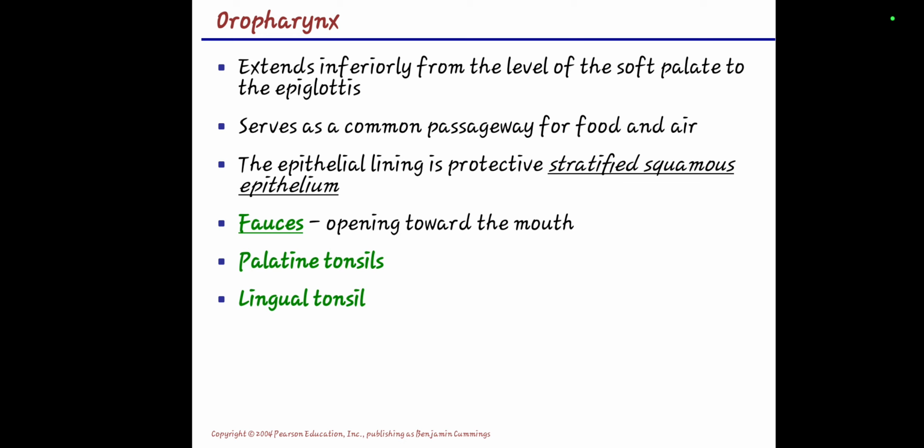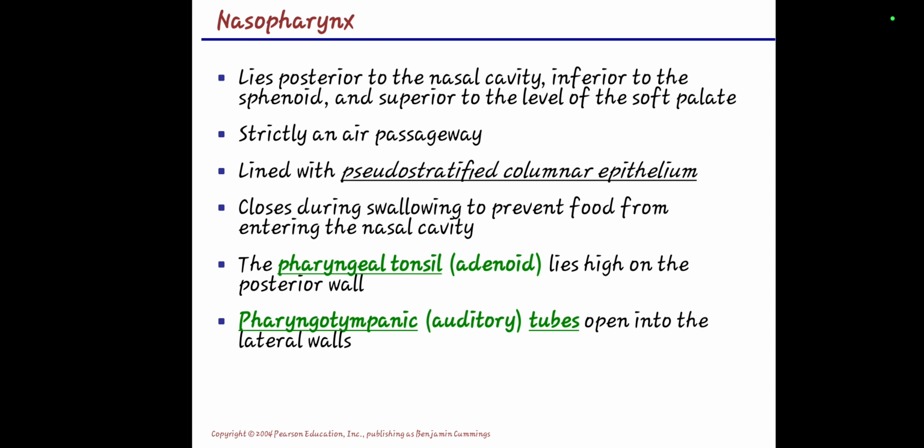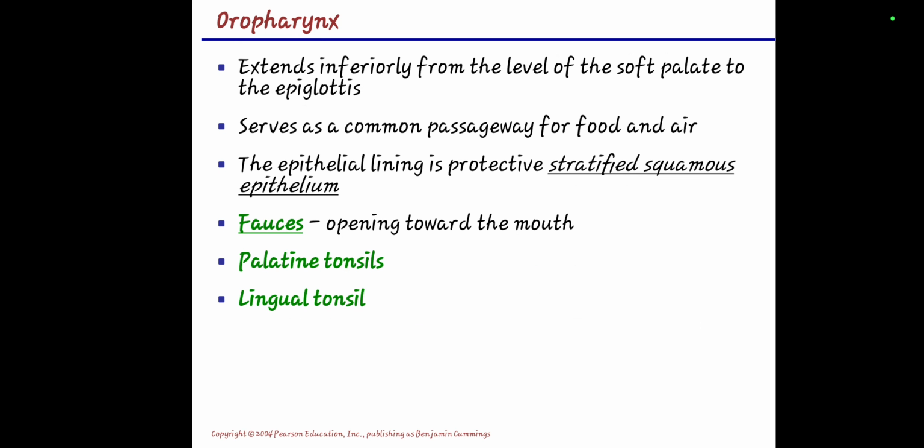But before that, let's unlock first the differences between pseudostratified columnar epithelium and stratified squamous epithelium. Pseudostratified columnar epithelium is basically responsible for protecting against foreign particles. These foreign particles are the microorganisms that usually enter your body.